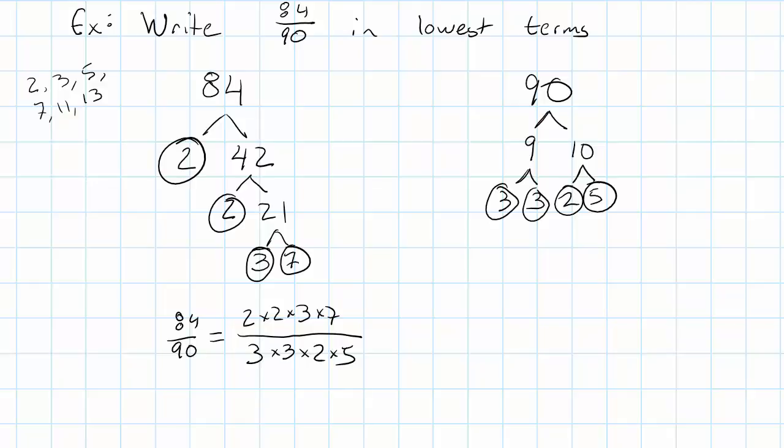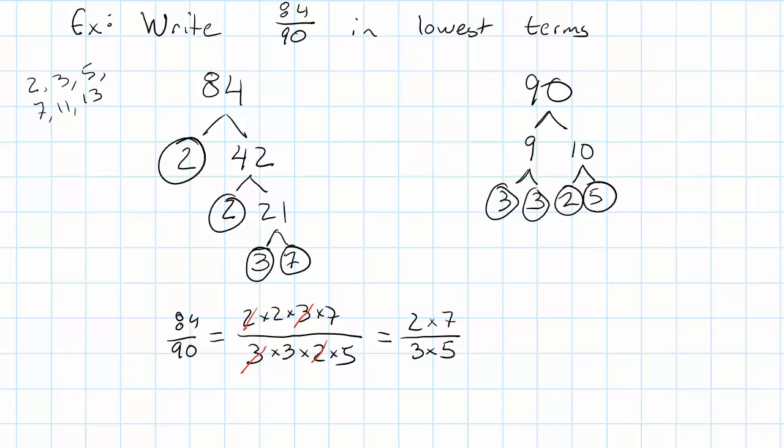Now I want to cross off pairs that I see in common. So I see a 2 in both the numerator and the denominator. I don't see another 2 in the denominator. I'm out of 2's. But I see a 3 in both the numerator and the denominator. I don't see a 7 in the denominator. That's it. The only factors that are left in the numerator are 2 and 7.